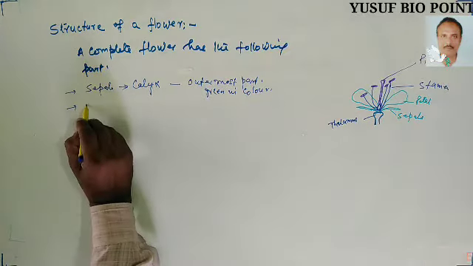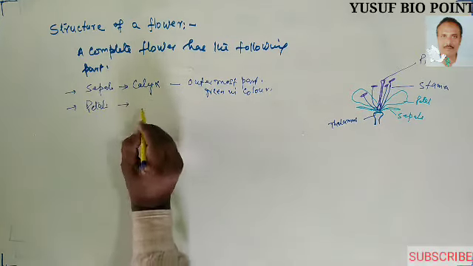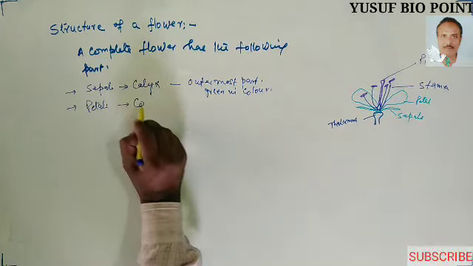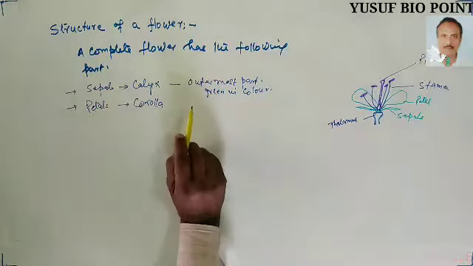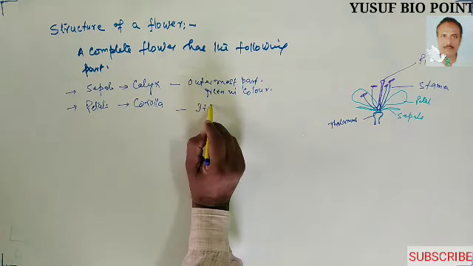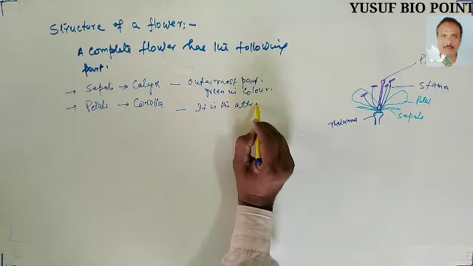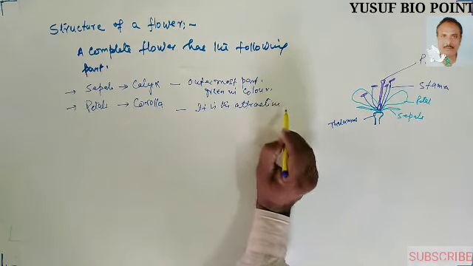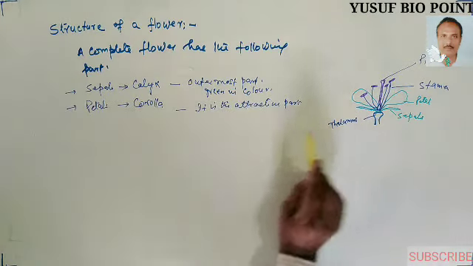Next one is petals, and the group of petals is called corolla. It is next to the sepals, and it is the attractive part. It is of different colors, but except green.